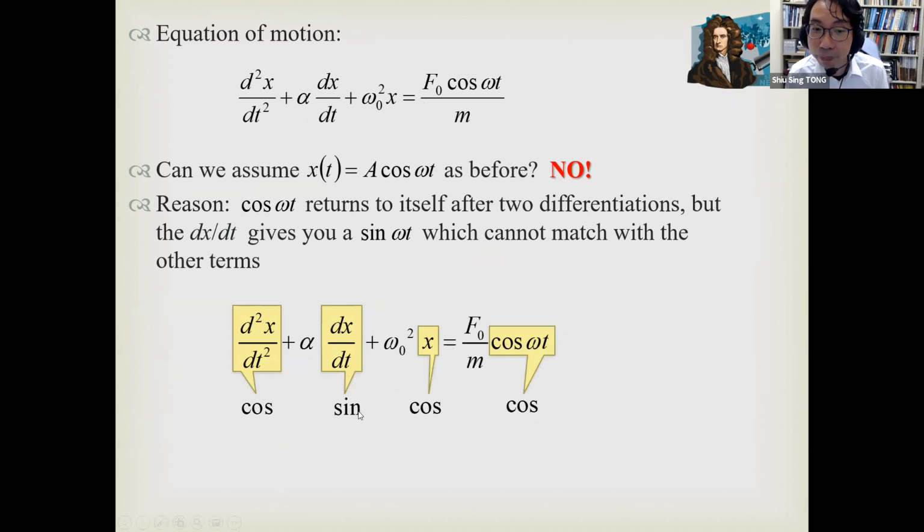That would not be a problem, because now you have both sine and cosine for dx/dt. You also have both sine and cosine for the second derivative, and also for the x, right? So there's a chance for you to make the coefficient of the sine be 0 and the coefficient of the cosine be 0. Okay, so that's why you can solve the equation now.